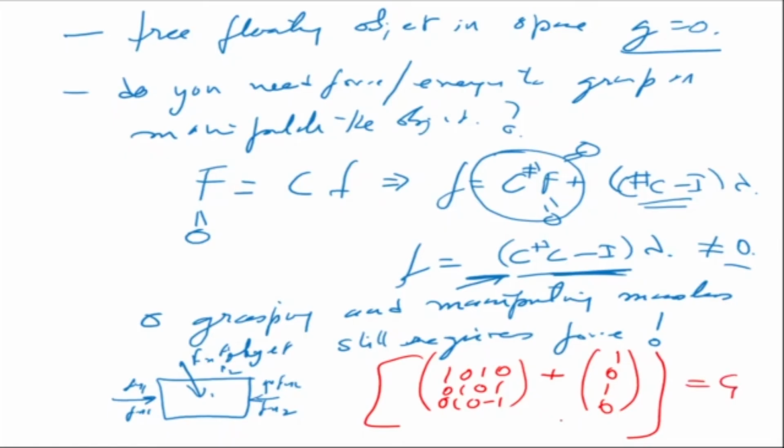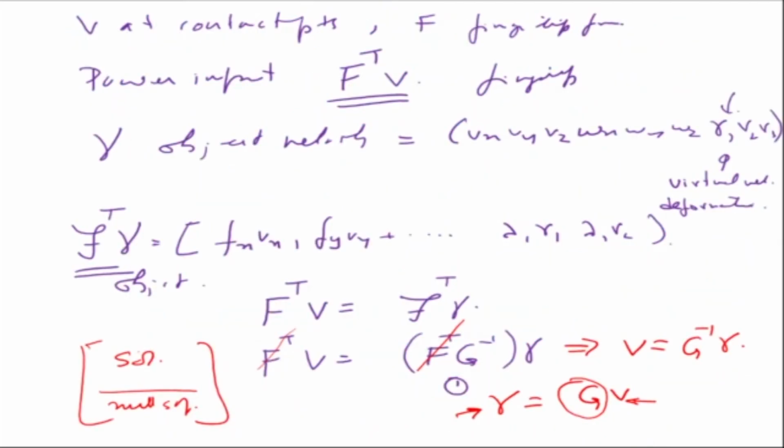So in the G matrix, this fellow will come to the bottom here. That's my null space. So this will become a square matrix. Okay, now you can solve it and you can find the relation between the object velocity and the fingertip velocity. So here, this is my fingertip velocity and this is my object velocity. Okay, and this is my grip matrix.